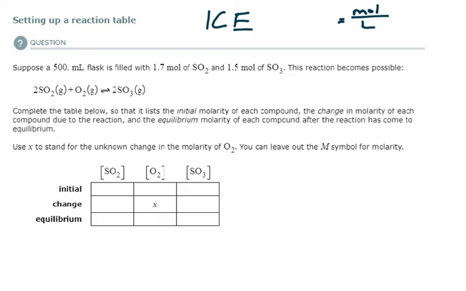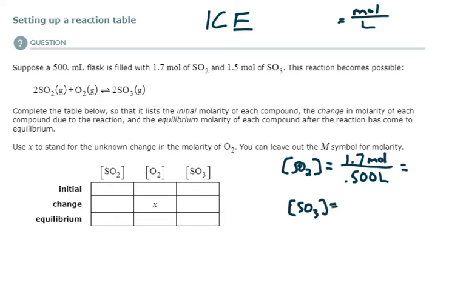If I want to find the concentration of SO2, it's equal to the moles of SO2, which is 1.7 moles, divided by the volume in liters that it occupies, which is 0.5 liters. The initial concentration of SO3 is going to be equal to the number of moles of SO3 divided by the volume it occupies.